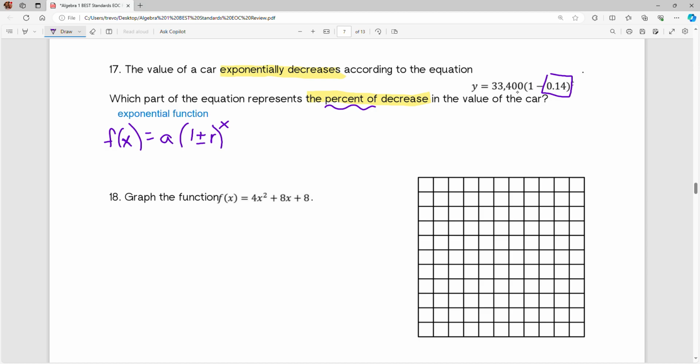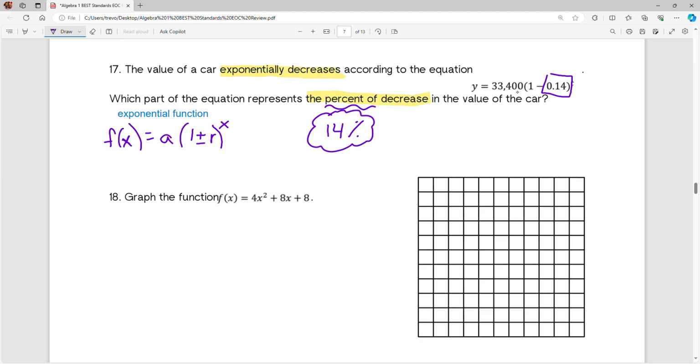So to turn 0.14, our decimal, into a percent, you multiply by 100, which moves our decimal place back 2 times and gives us 14%. That is the final answer on number 17.